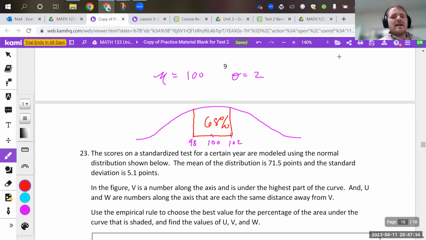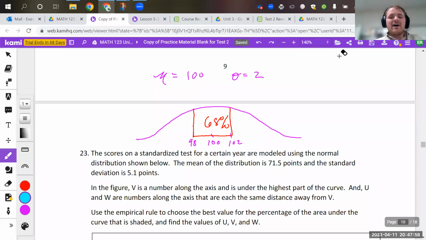So again, that would have come from you doing a z-score of 102 minus 100 divided by 2. And then you'd have to do the same z-score with 98, and you'd have to do the bigger thing minus the smaller thing. And if you did that, you would get 68%. Okay.